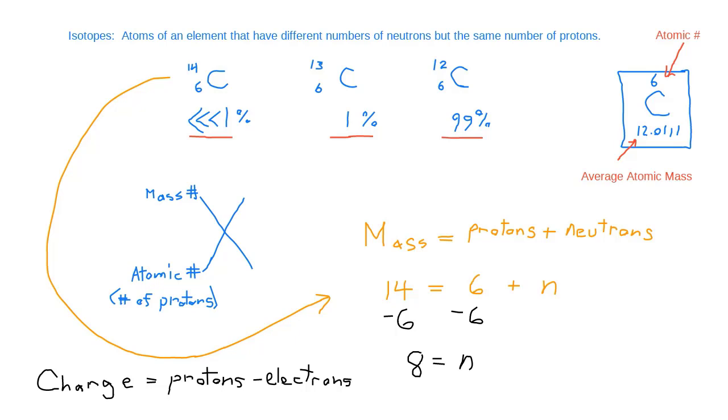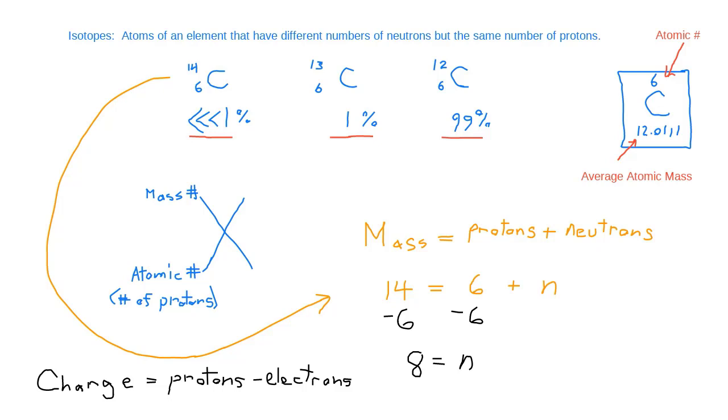Why do we do protons minus electrons? Well, basically, protons are positive, electrons are negative. So the number of protons represents the number of positive charges, and the number of electrons represents the total negative charge. If I add those together, I get the total charge of the molecule.